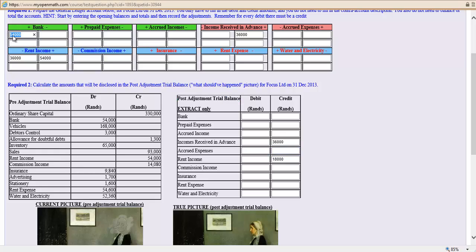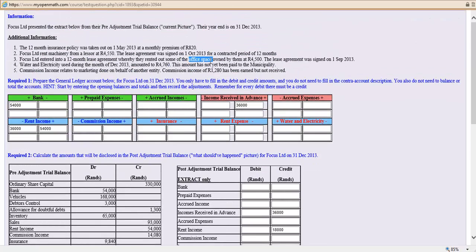Of this 54,000 Rand received, 18,000 is already earned, 36,000 Rand we still owe to the other entity. And the way we owe them is by way of services. We still need to provide them with this office space. They've already paid it to us, we've received it, but we haven't yet provided them the office space.